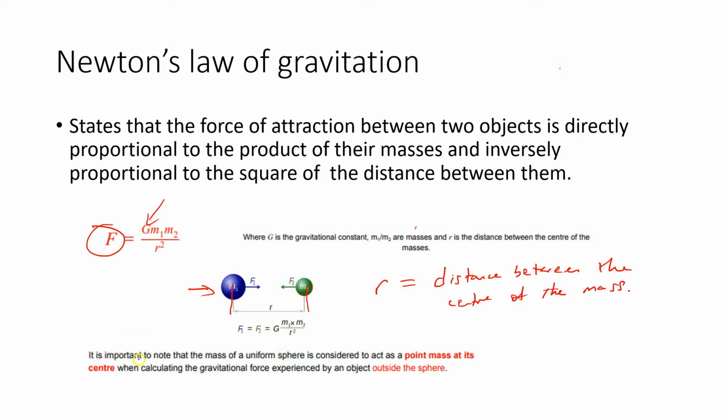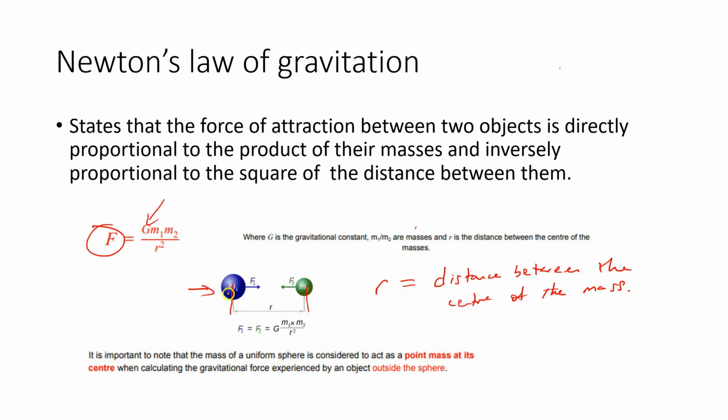It says here, it is important to note that the mass of a uniform sphere is considered to act as a point mass at its center when calculating the gravitational force experienced by an object outside of the sphere.